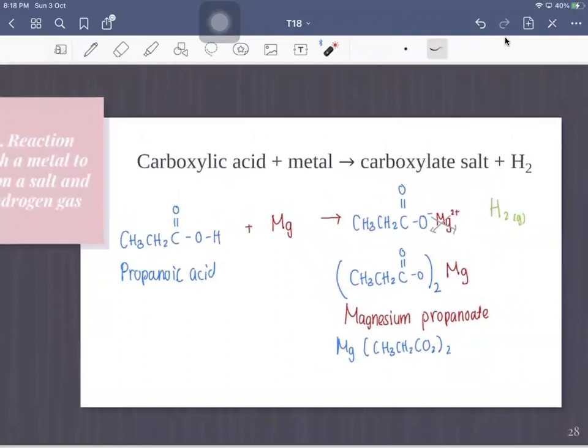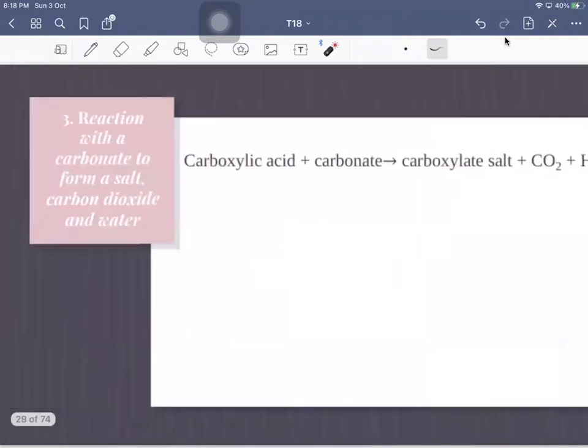Now if this was a group 1 metal, sodium, of course, no problem because the propanoate ion is -1, sodium is +1, so they cancel out nicely, and you don't have to worry about bringing the charge down and across. Next example is reaction of carboxylic acid with carbonate.